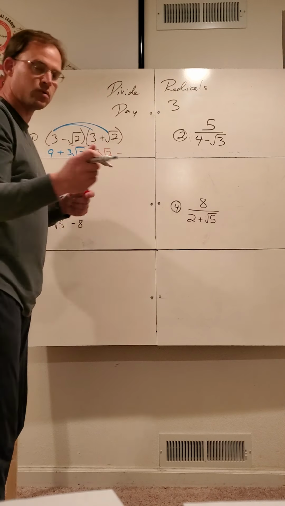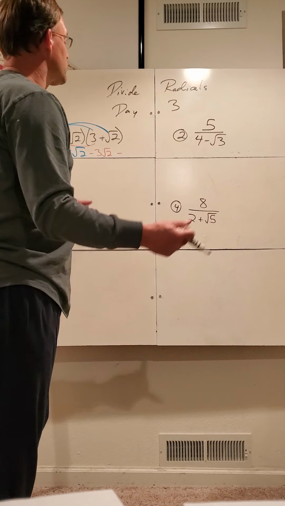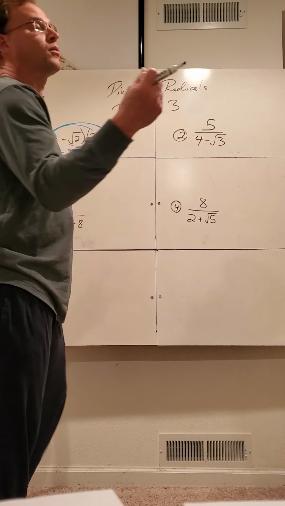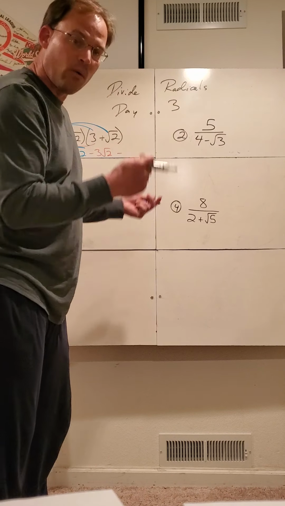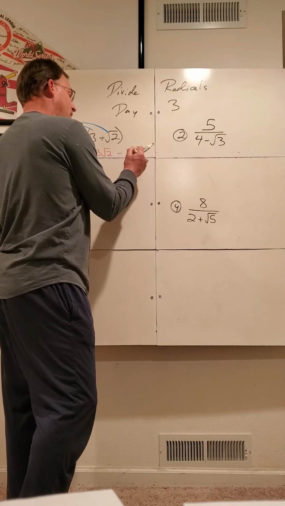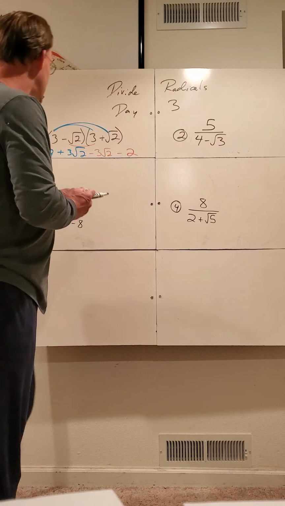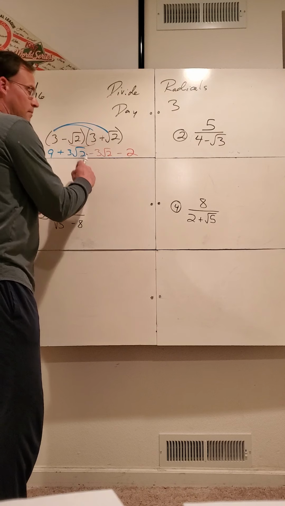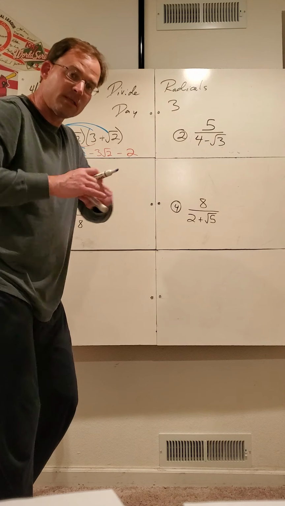We hit the heck out of this yesterday. We know that root 2 times root 2 is going to be 2. If you want to do it the long way, root 2 times root 2 is square root of 4. Square root of 4 is 2. We've done this a lot. Hopefully you're catching on to it right now. Now the special part about this is the plus root 3 and the minus root 3, when I go to combine like terms, 0.